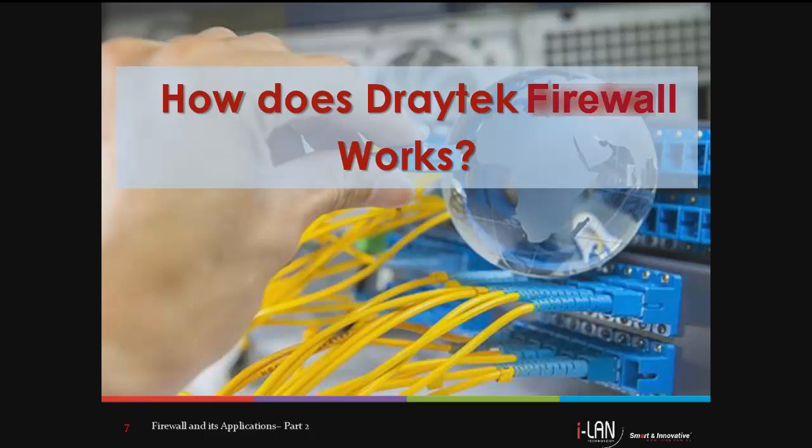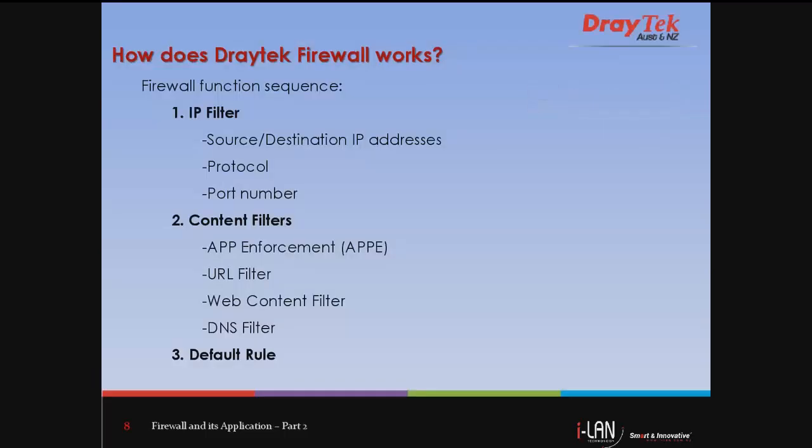We will now start by looking at how does Draytek Firewall work. When a packet is forwarded by Draytek router, it will be checked by firewall filters in sequence. First is IP filter. This is where the firewall will make its decision based on the source, destination IP addresses, protocol, and port numbers.